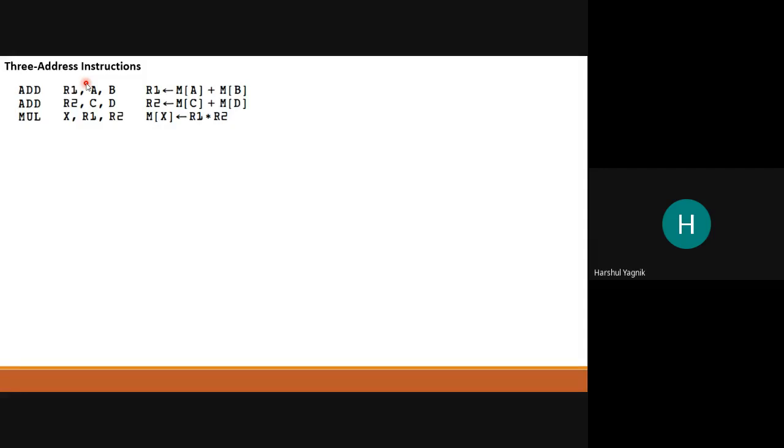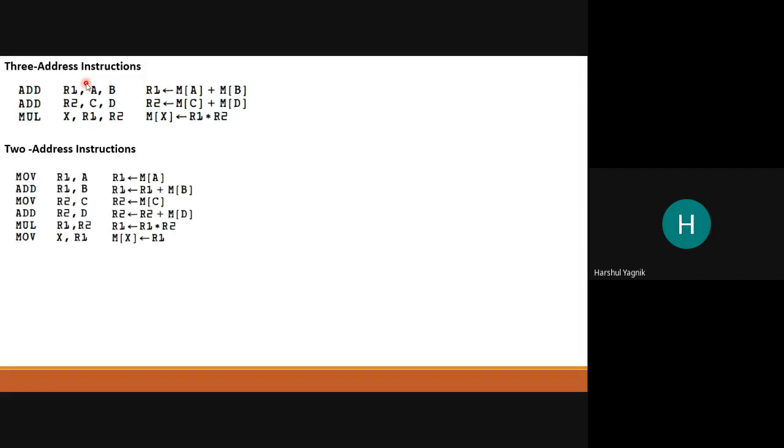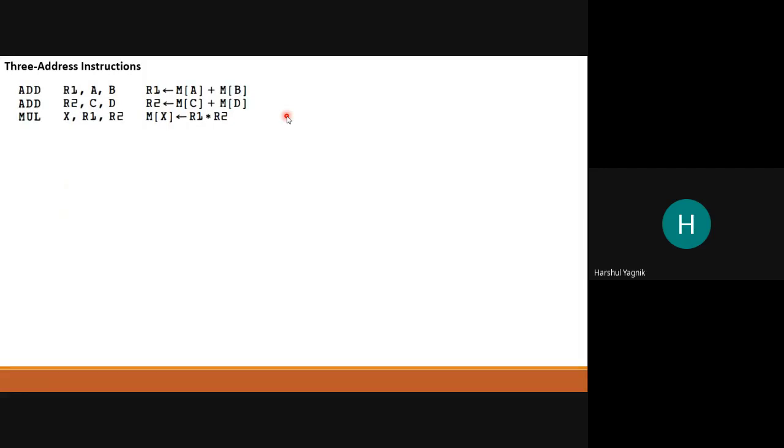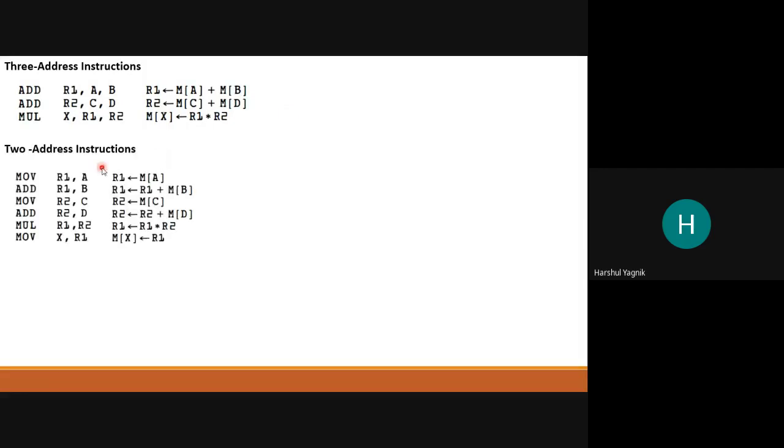Next, let us see a similar task, but done by 2 address instructions. What is the task we need? A plus B, C plus D, and multiplication. First there has to be A plus B, but we have to use only 2 address type instructions. So what do we do first?